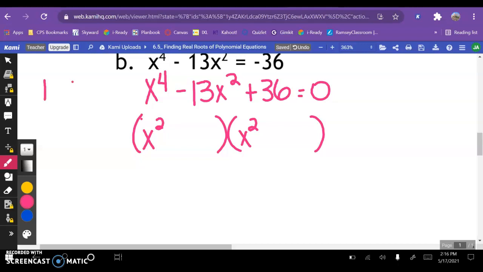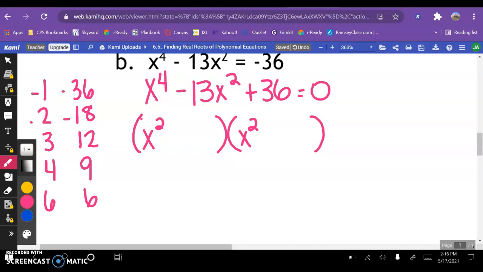So we have 1 and 36, 2 and 18, 3 and 12, 4 and 9, and 6 times 6. Now they have to multiply to be a positive, but add to be a negative. That means they both need to be negatives. So which set equals negative 13 when I add it together? That would be the negative 4 and negative 9.